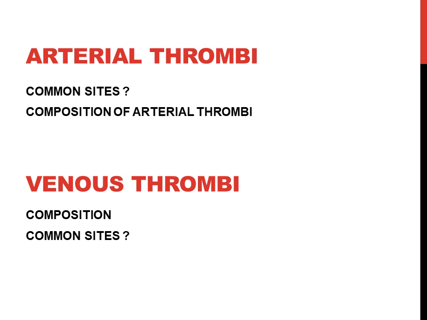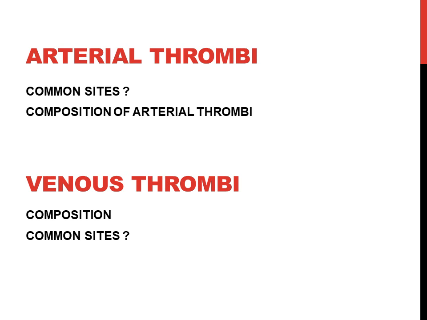As you already know, the most important things that result in the origin of arterial thrombi are endothelial injury and turbulent blood flow. So all these things of arterial thrombi differ from the venous thrombi.